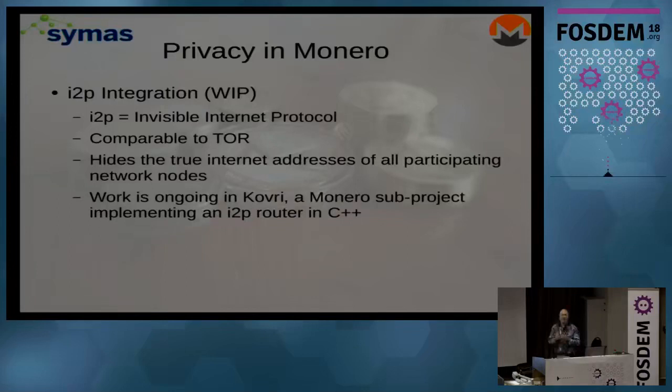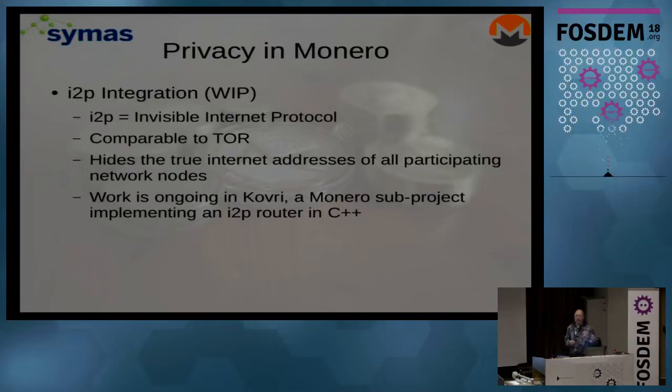There's one other aspect of privacy that isn't quite covered yet, which is that when you participate in the Monero network, your IP address might be visible. It'll be visible on your first hop into the network. Now, the IP address doesn't travel across the network with your transactions, so it doesn't really give away very much information.